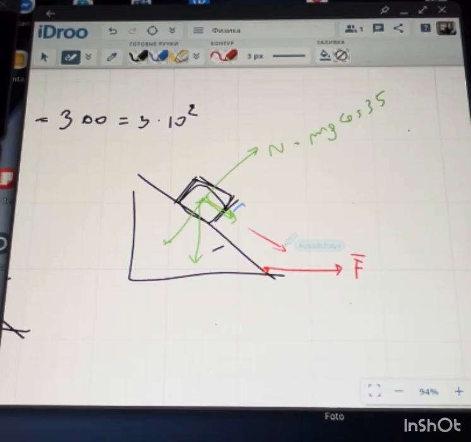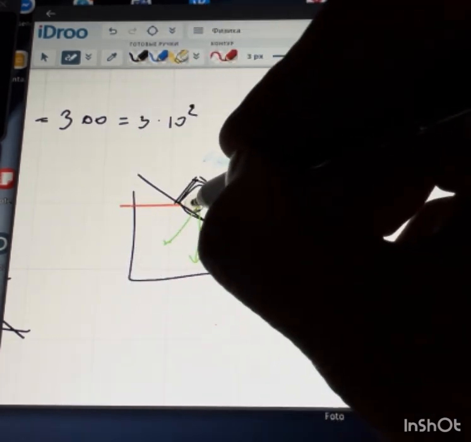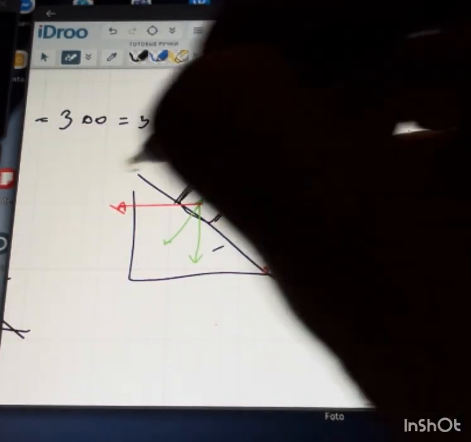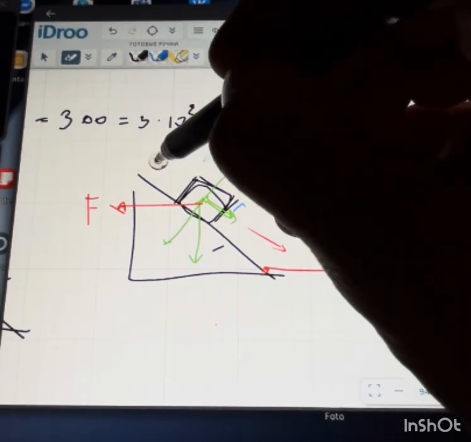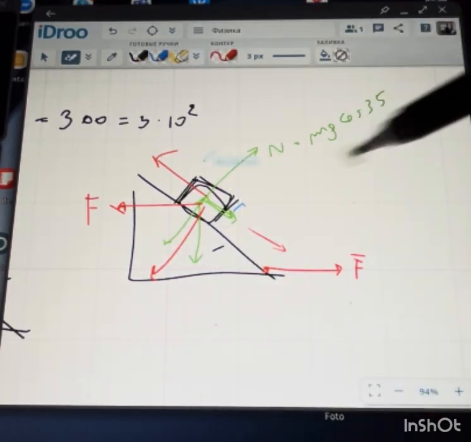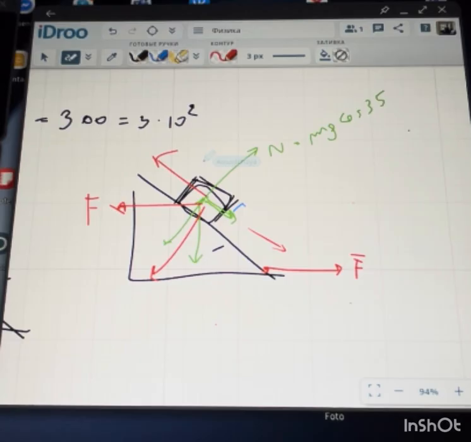If the wedge accelerates to the right, the block is going to fall down. By Newton's third law, the block is going to the left. So there is an anti-force like this, which will then be decomposed the same way. And so we have to find the value of the horizontal force, I mean the force pulling the wedge to counter gravity.